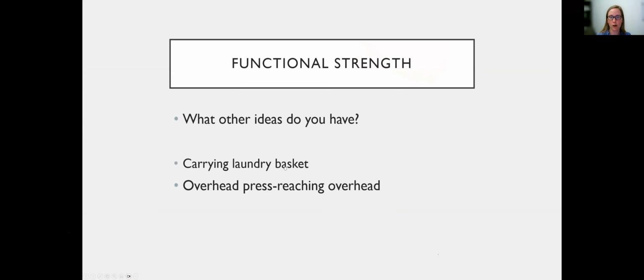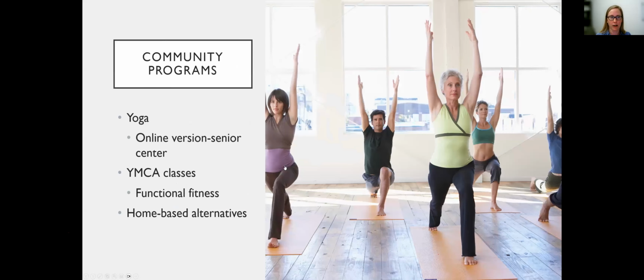Doing an overhead press, reaching up to the cupboard, or maybe they have to lift a basket into the closet. And a Turkish get up. So this is where you can do this with or without weight, but even just pressing that, starting on your back and doing those full body movements to practice that getting up from the ground.